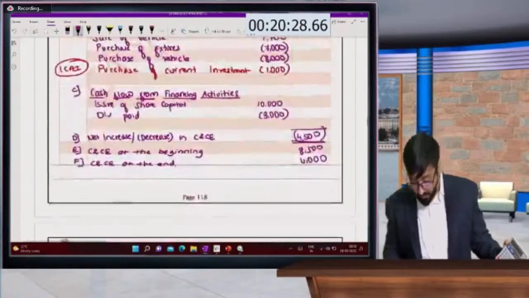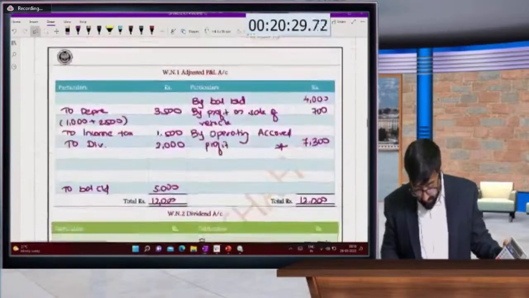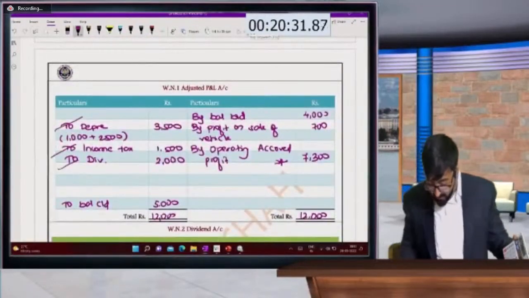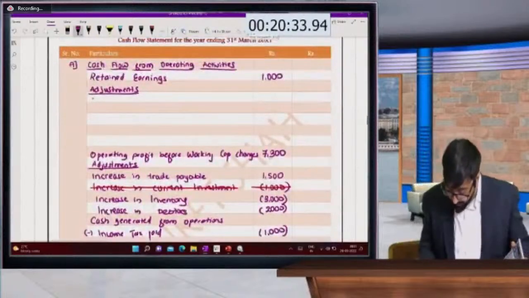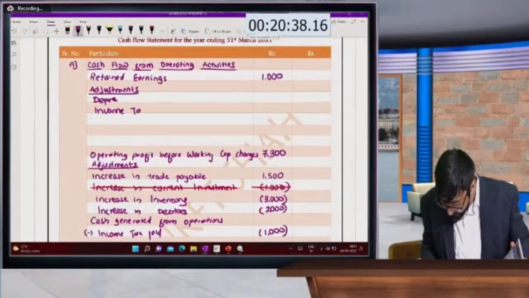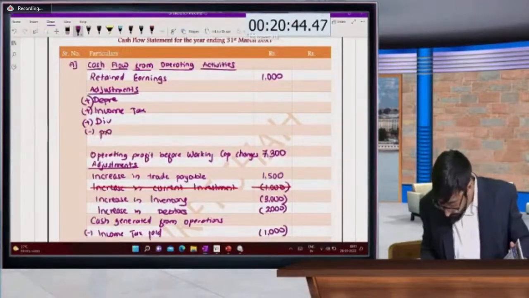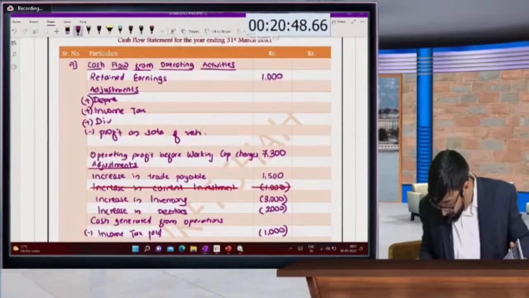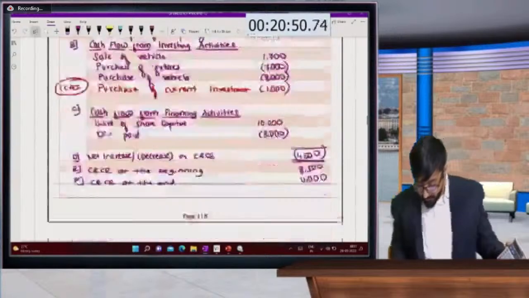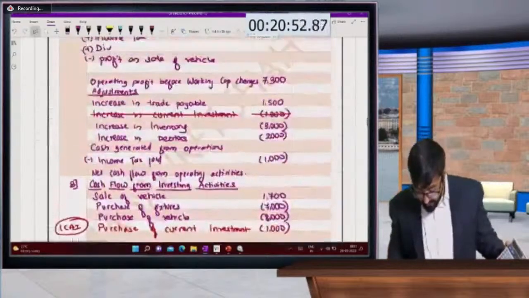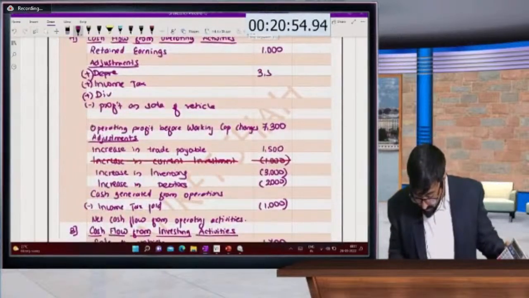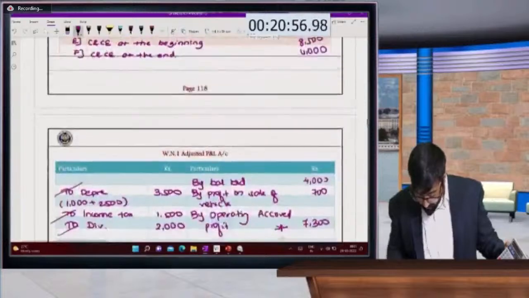And now do one thing. All debit items you will add: depreciation, income tax and dividend. So here add depreciation, income tax and dividend, and less profit on sale of vehicle. So it will be very easy. Depreciation will take some time, but debit credit will help you out.